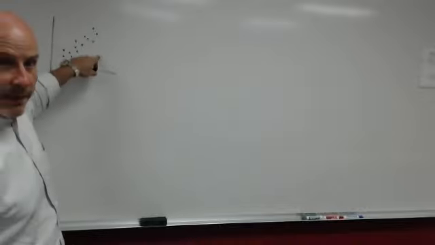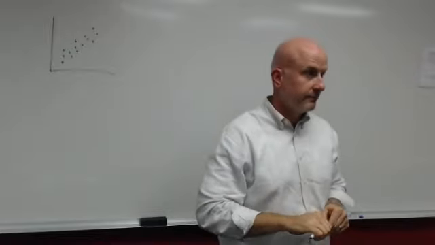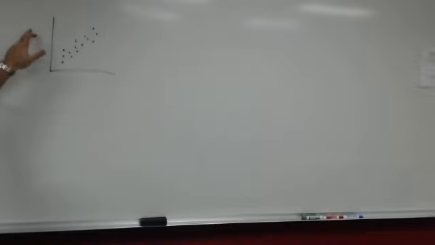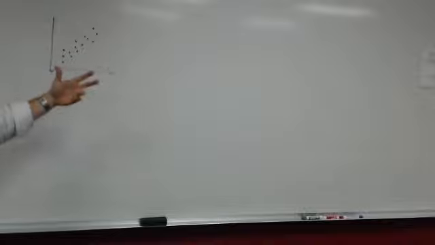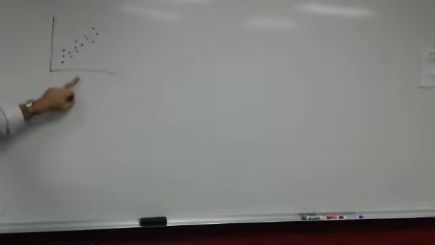First off, what kind of graph is this? Scatter. It's a scatter. All right, so using the scatter, we are able to compare the relationship between two variables. Right now, would you say that there is a correlation between these two variables?